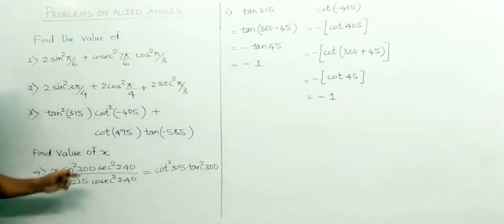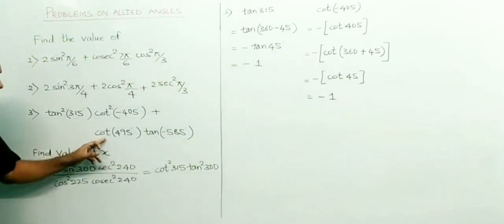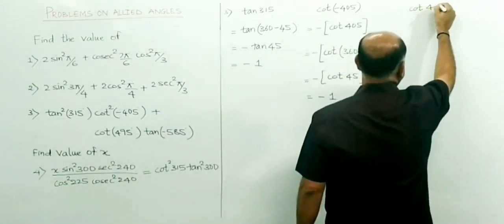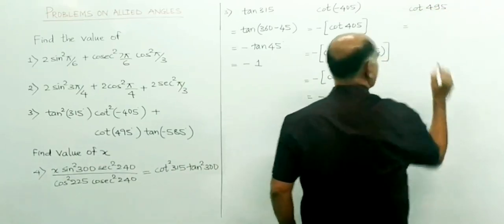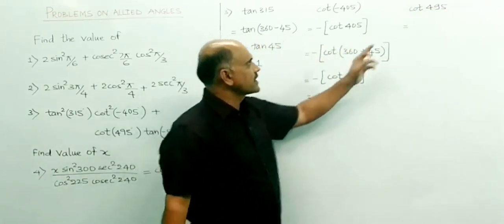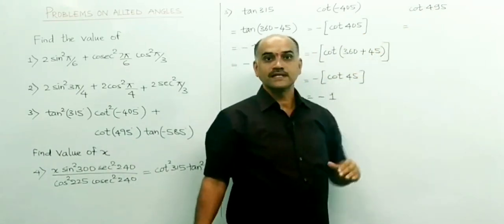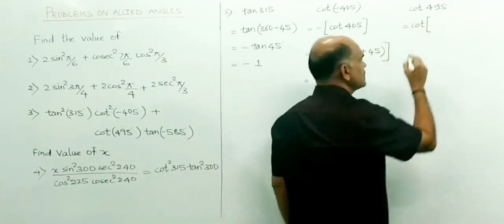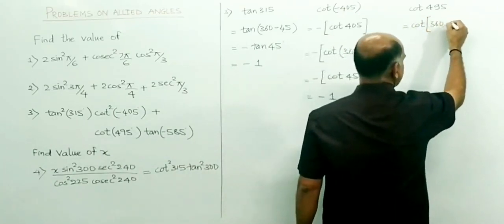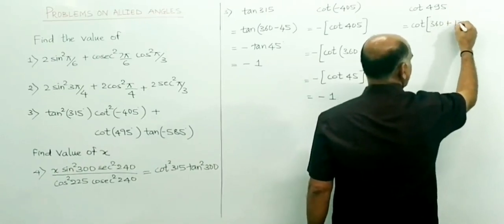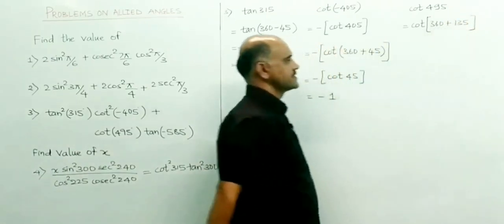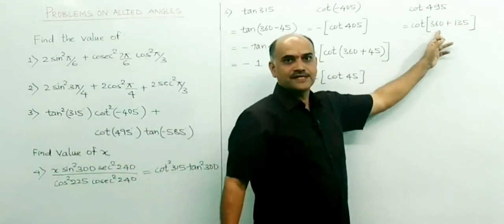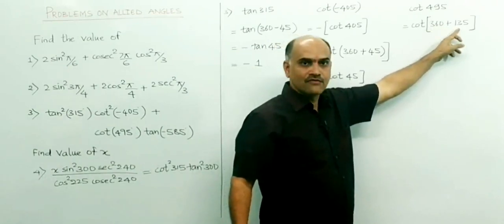This is minus 1. So, third, if I take cot 495. Now if you observe here, this 495 is also greater than 360. So, we write it as n into 360 plus theta. So, cot 360 plus 135. Now, n into 360 we leave this, only 135 remains.